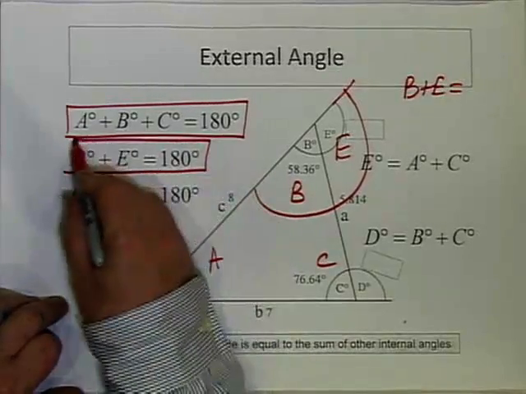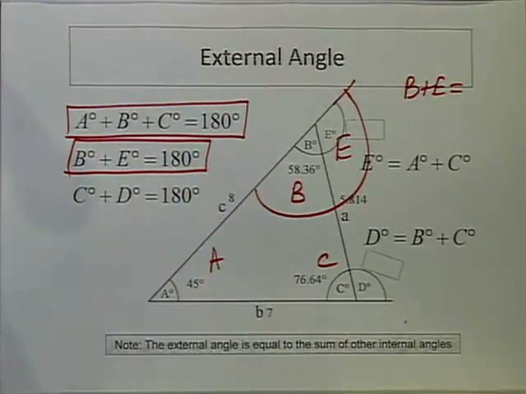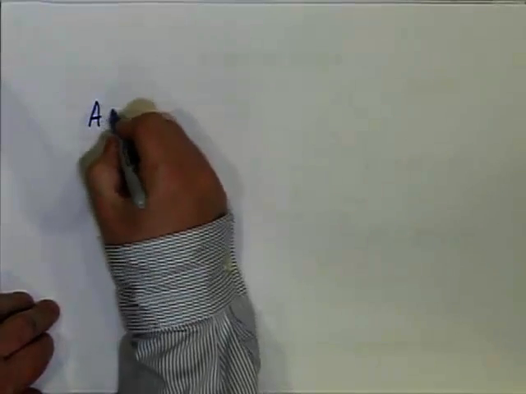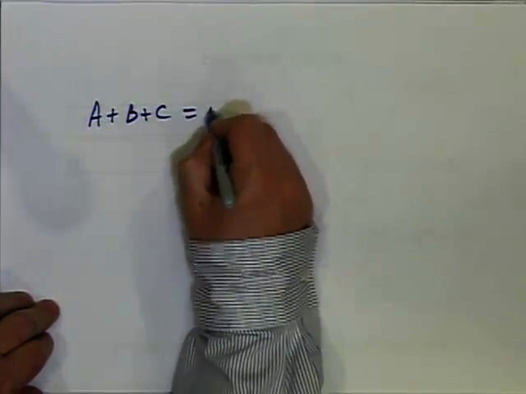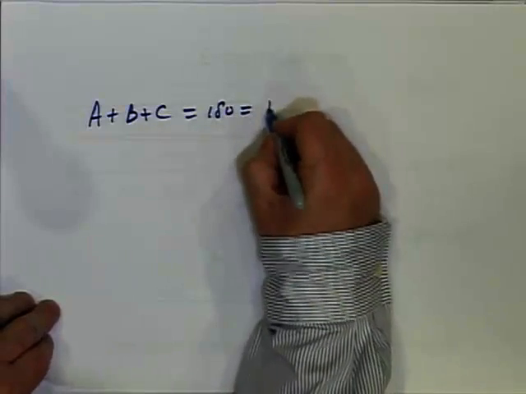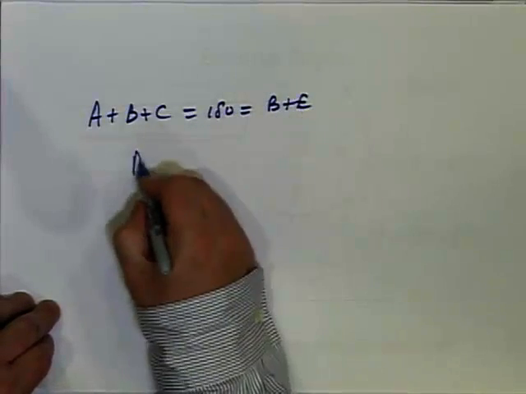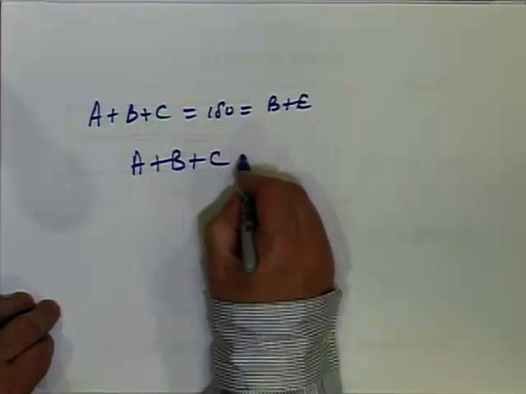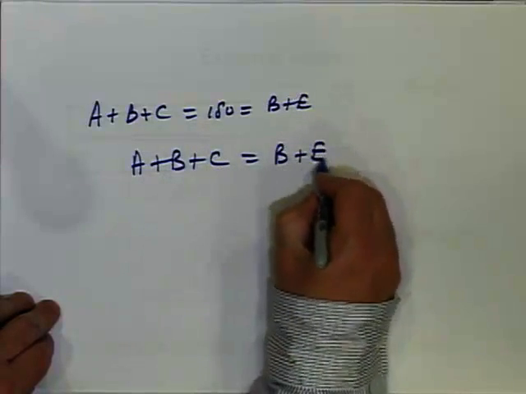So if B plus E is 180 and A plus B plus C is 180, we could write that as an expression: A plus B plus C is 180, equal to B plus E. Or A plus B plus C must equal B plus E.